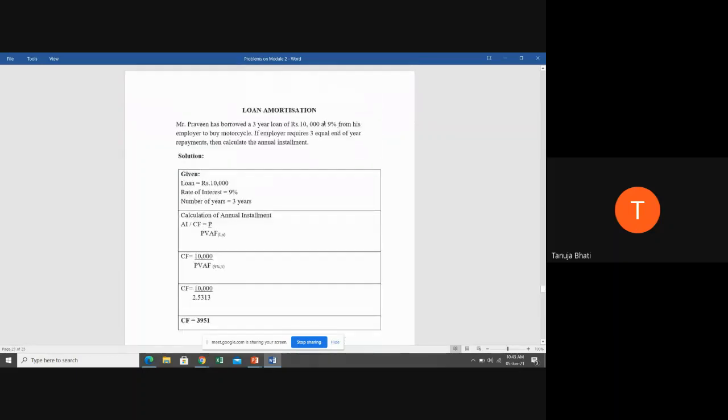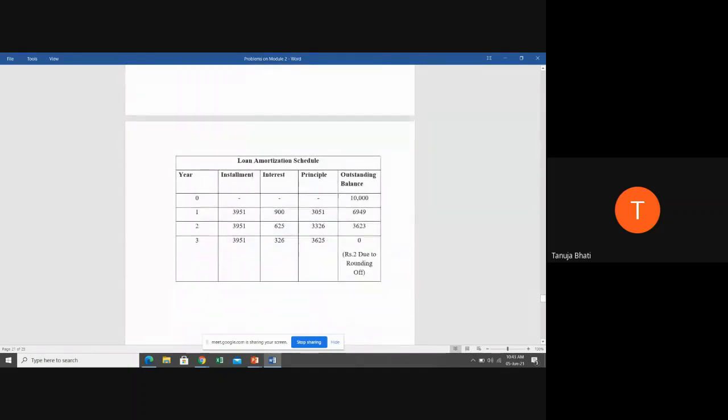It is 9%. So the outstanding balance is 10,000. If you have your calculator, 10,000 into 9% is nothing but 900 rupees. So we have calculated interest on the outstanding balance: 10,000 into 9% gives 900 rupees.